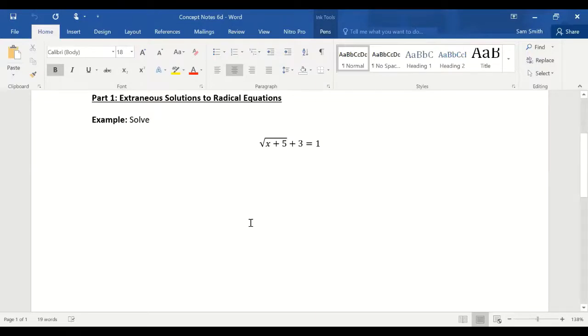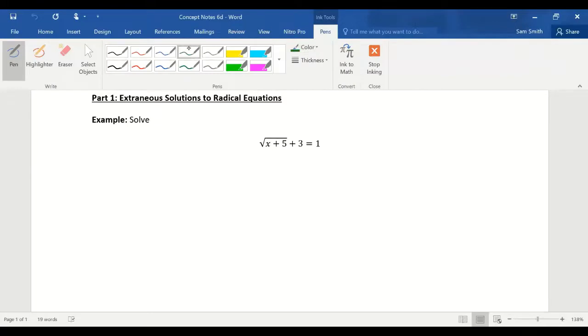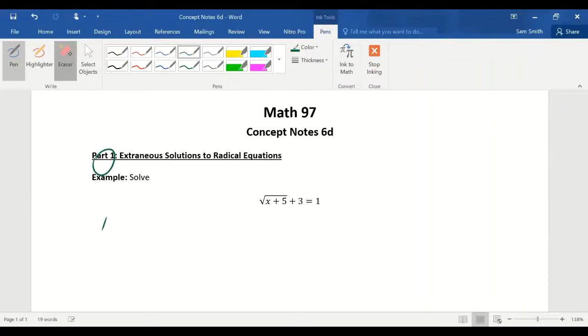We're supposed to solve square root of x plus 5 plus 3 equals 1. So let's go about doing that. Now, when we're solving a radical equation, our first step is to isolate the radical.